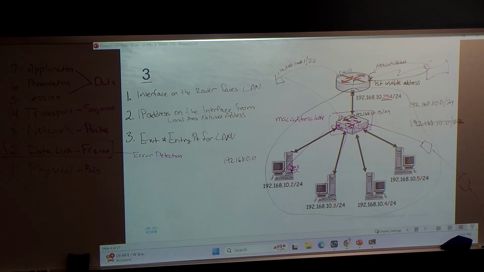But if it uses MAC addresses, does it have to know the IP? No, it doesn't. So again, just think about this at the very basics.